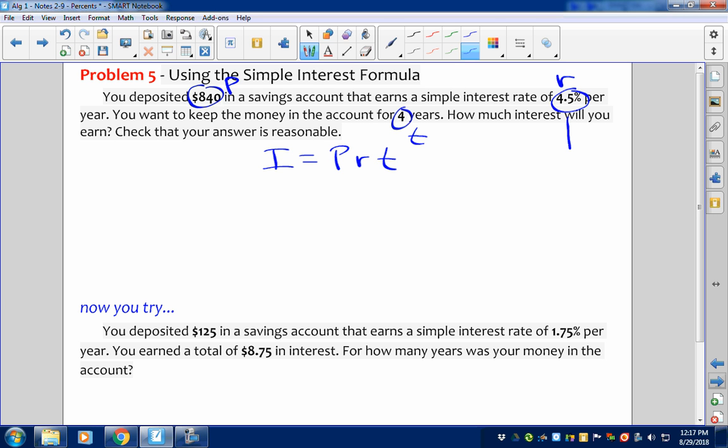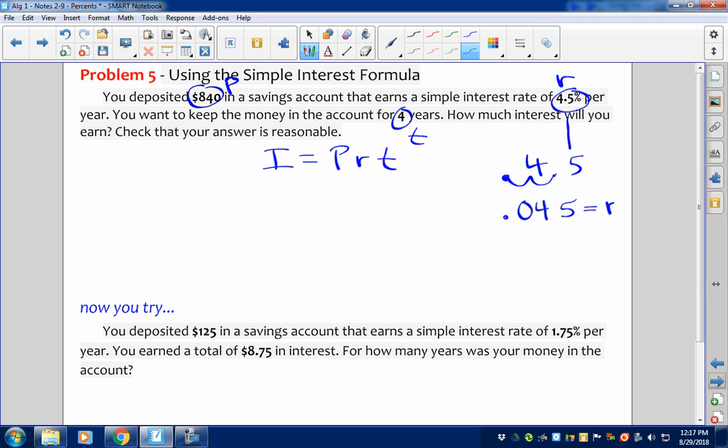So I take 4.5 and I move the decimal 2 places to the left, and my new number is 0.045. So that's what I'm going to use for my rate. So you've got to carefully change that. When you're dealing with money, a lot of times the interest rate, unfortunately, is less than double digits. So you'll have a 0.0 something oftentimes.